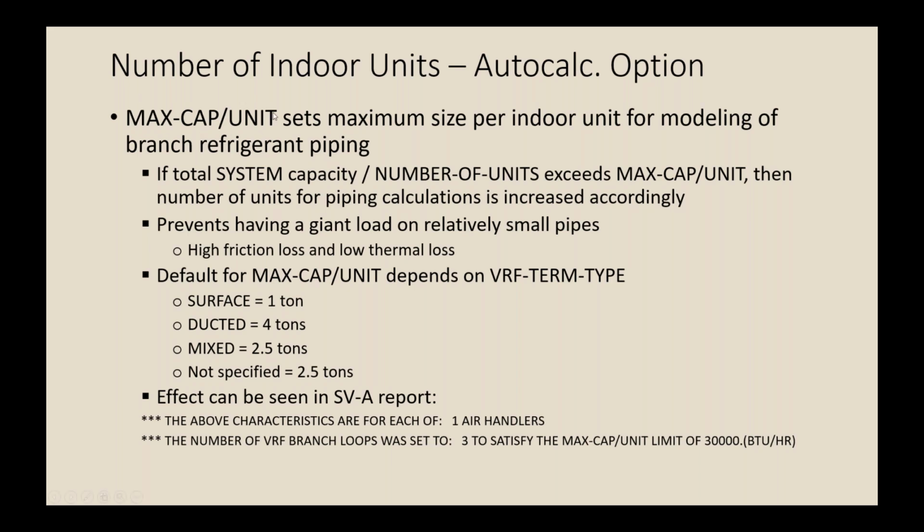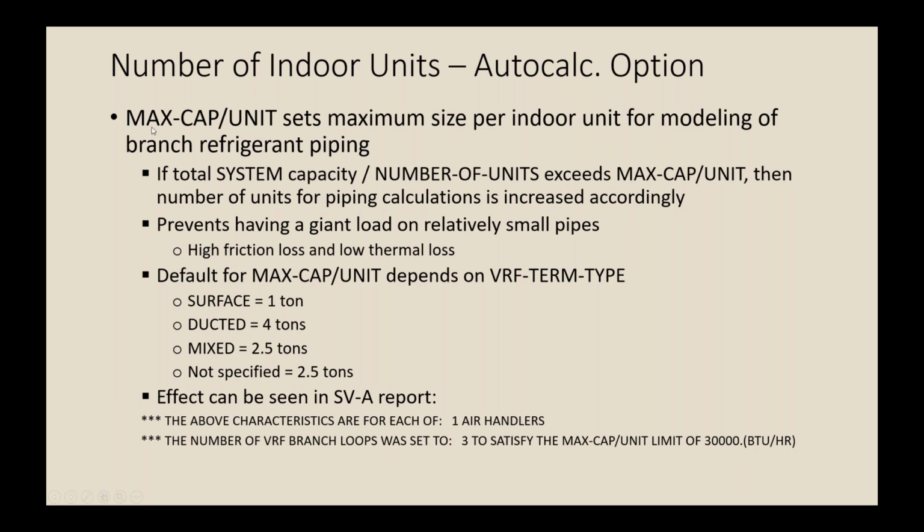So you can use this max cap per unit to automatically determine the number of systems in each zone. It also creates a safety valve if you erroneously get a bad number in your input and end up with a way oversized system. This will correct that automatically.